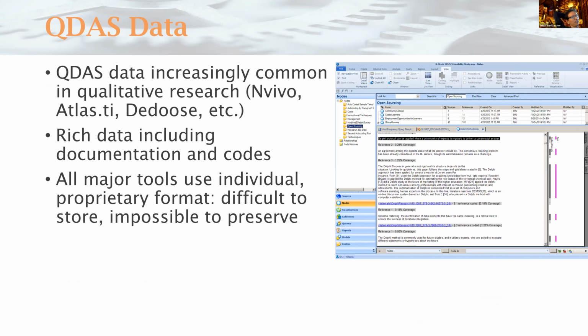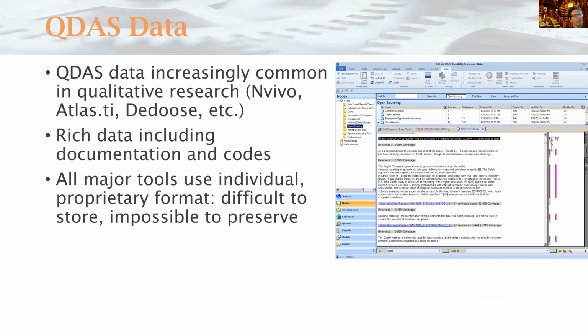Finally, and this is mainly looking ahead, qualitative data analysis software has been around for a while. It's becoming increasingly common across the social and social-type sciences. We find, depending on the discipline, somewhere between 40 and 90% of qualitative researchers working with some of these tools. This is a screenshot from NVivo, so you see those different excerpts in there.